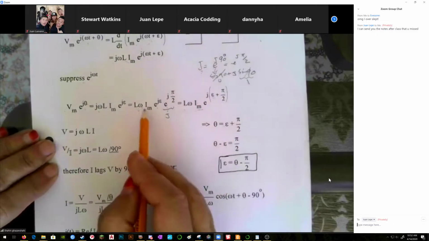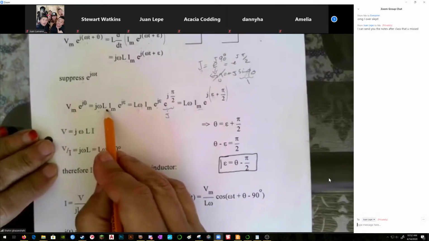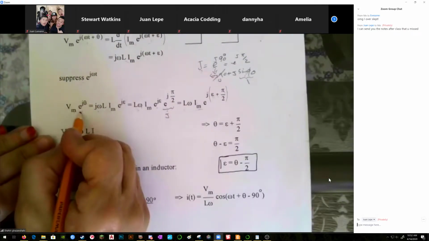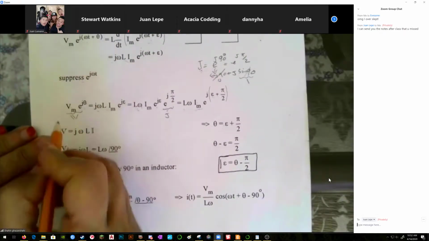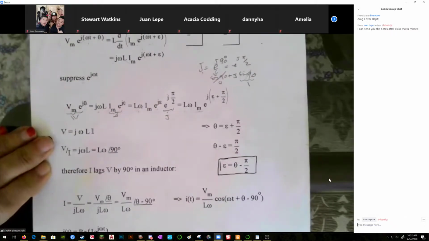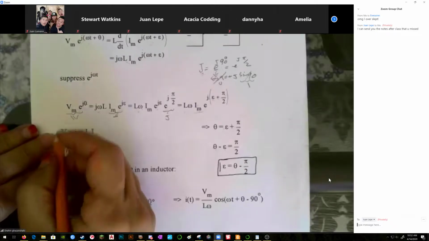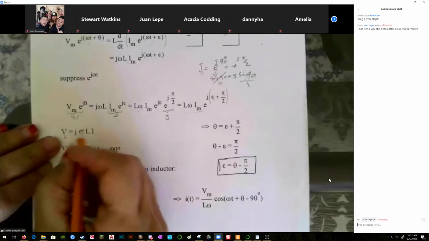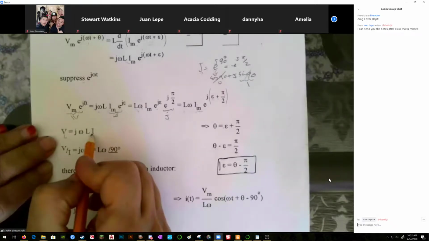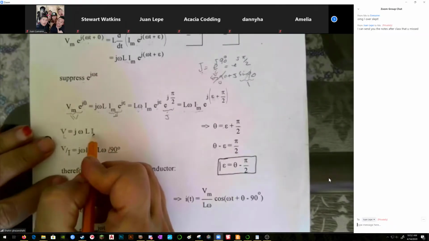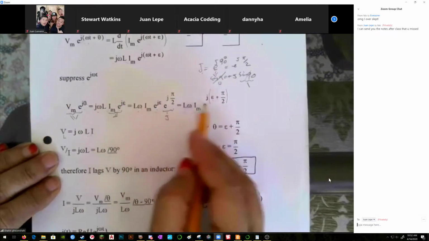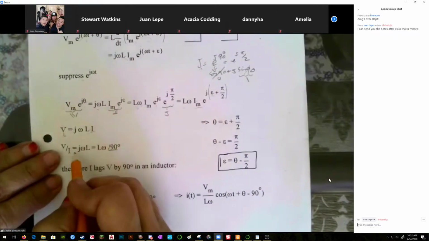Now, let's go back to this part again, without change. This is your phasor voltage. This is your phasor current. So your phasor voltage for inductors is j L omega times the phasor current, correct? So maybe this way is easier. Any way you want to see.